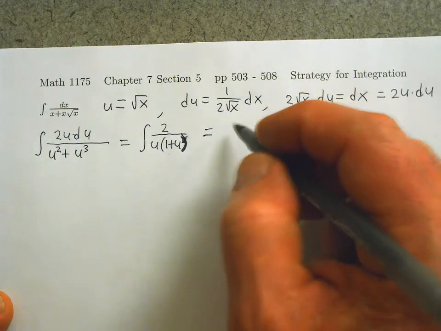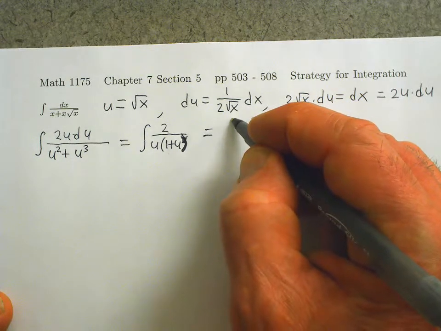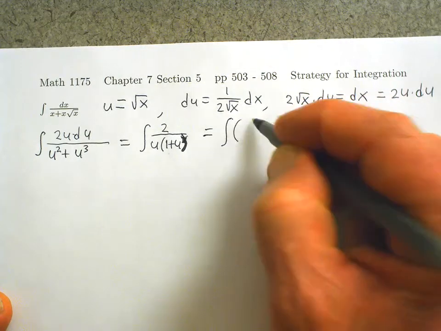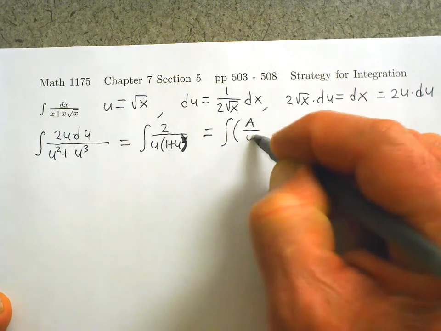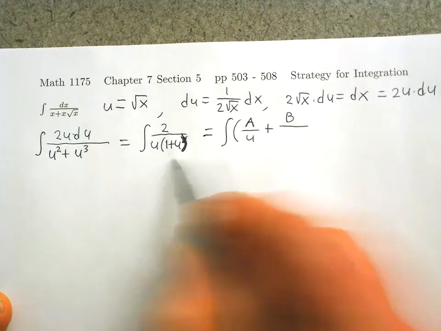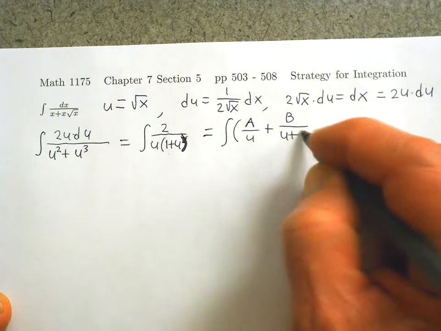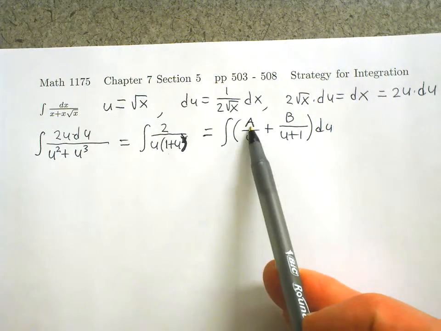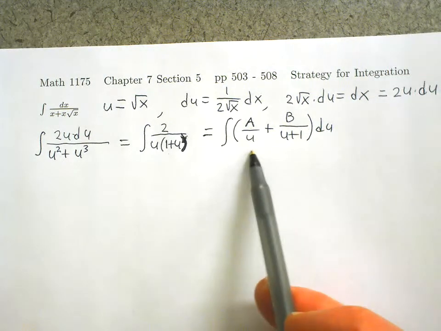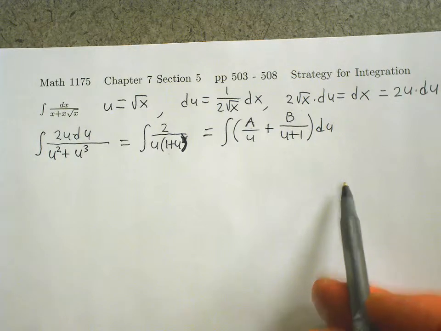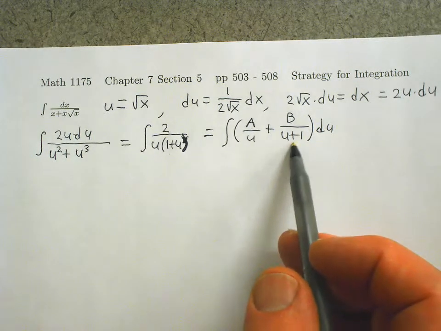So we're going to rewrite it as an integral of a over u plus b over 1 plus u, or u plus 1, du. And then once we know what the values of a and b are, then we'll be able to find the indefinite integral. So we'll do that work separately here.